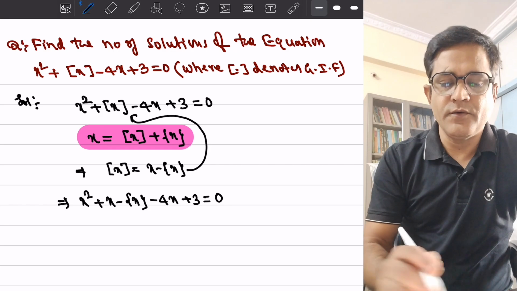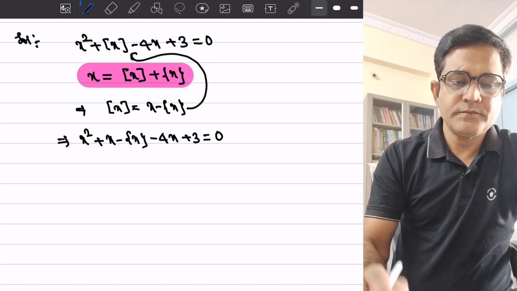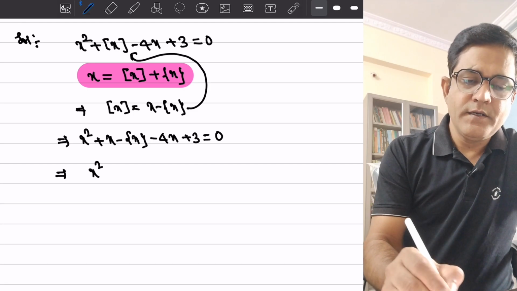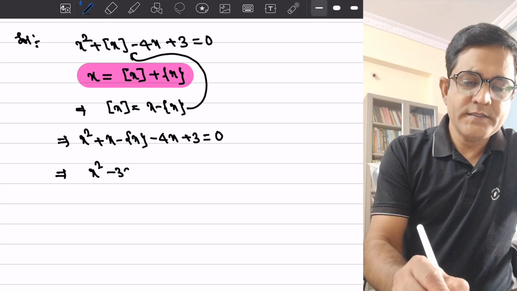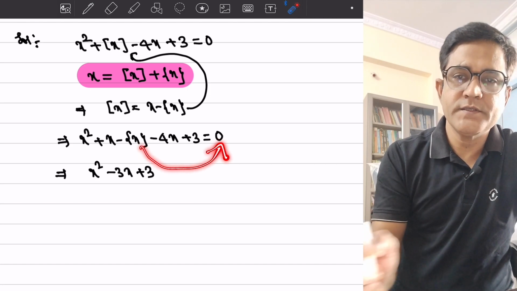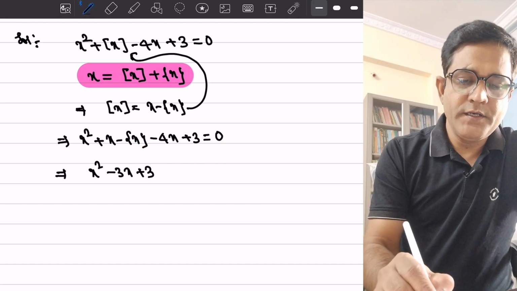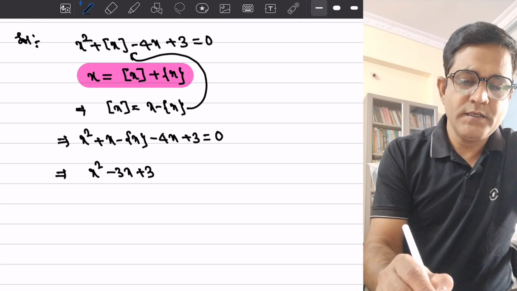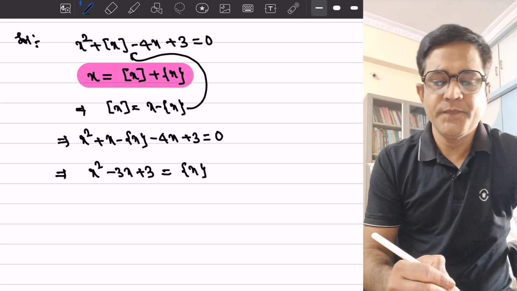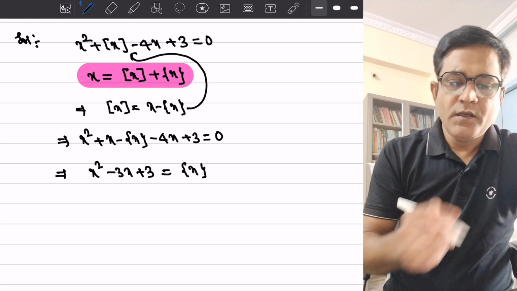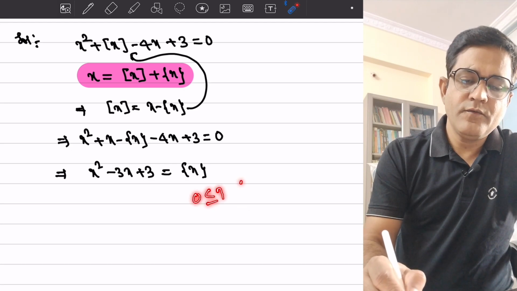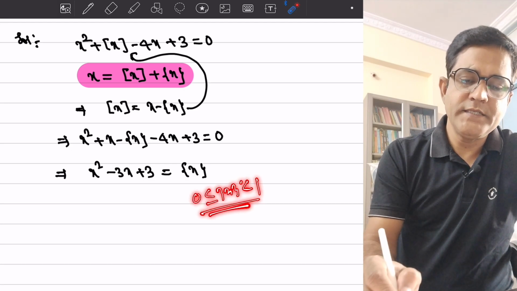This implies x² − 3x + 3 − {x} = 0. Now isolate the fractional part of x by taking it to the right hand side. Then we get x² − 3x + 3 = {x}. Now, the fractional part of x ranges from 0 to 1.